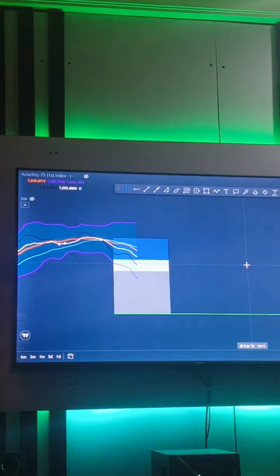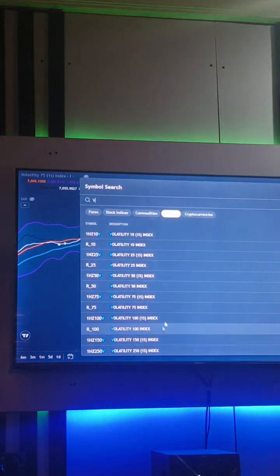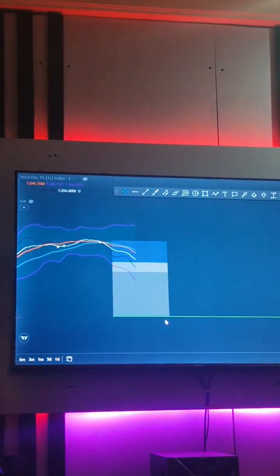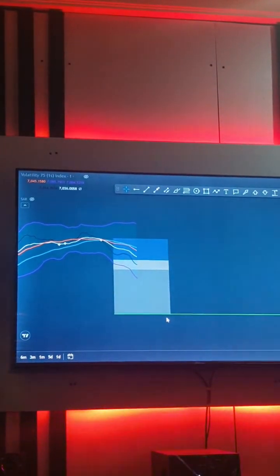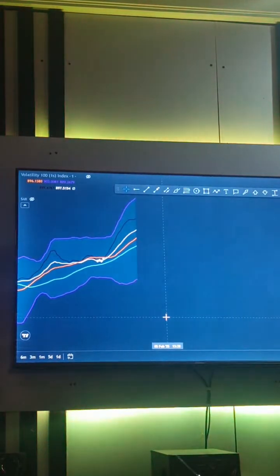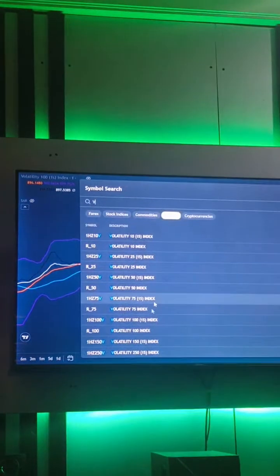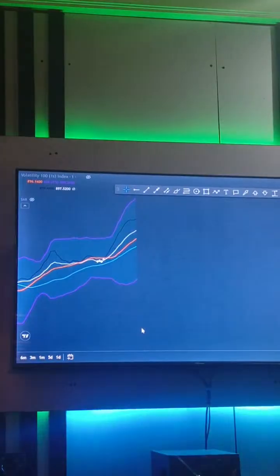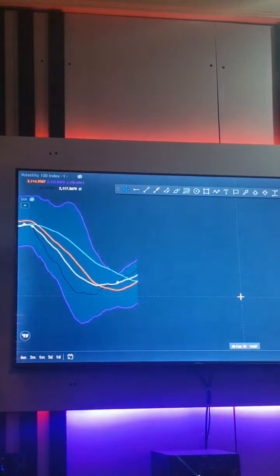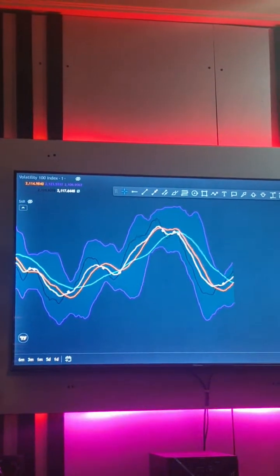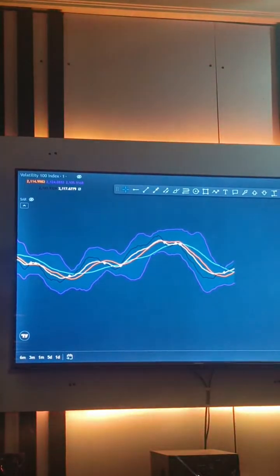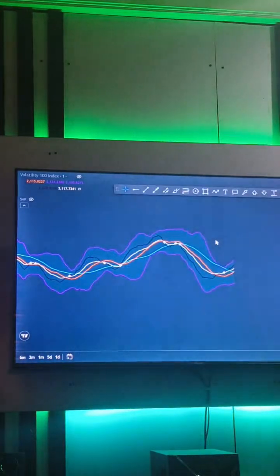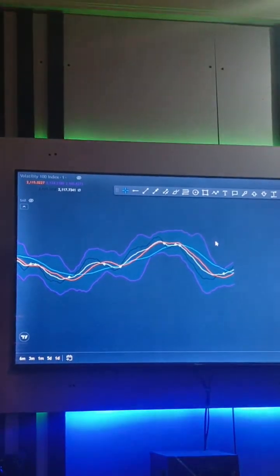Let's check the 100s. Let's see if we got an entry on the 100s. No? How about the 100? No entry on the 100. Then let's check our jump pairs.